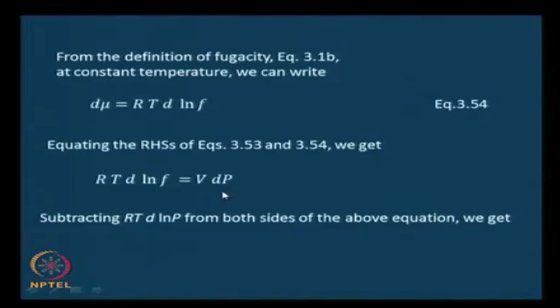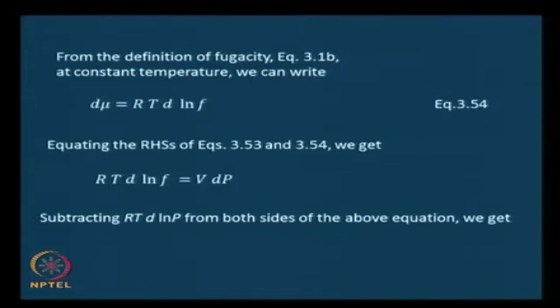Now, let us do some manipulations. Note that we are getting to the fugacity coefficient. So, we will have to arrive at that in some way, and to do that, let us subtract RT d ln p from both sides of the above equation. The thinking is something like this. We know that fugacity coefficient is f by p. So, somehow we need to get that into this kind of an expression.